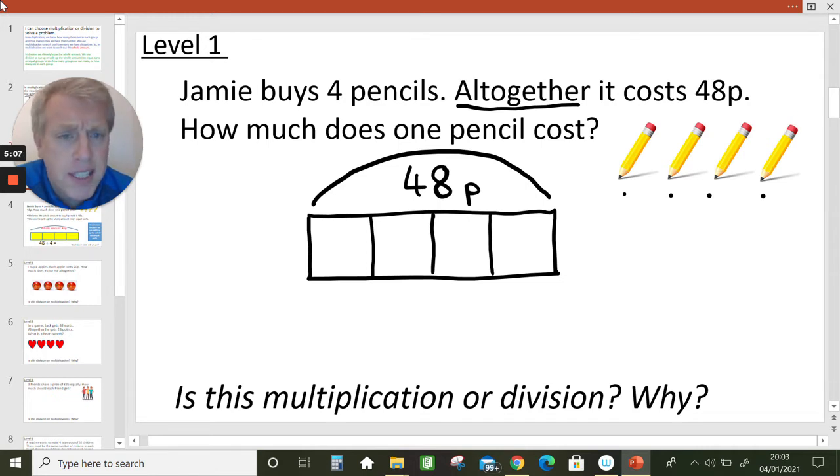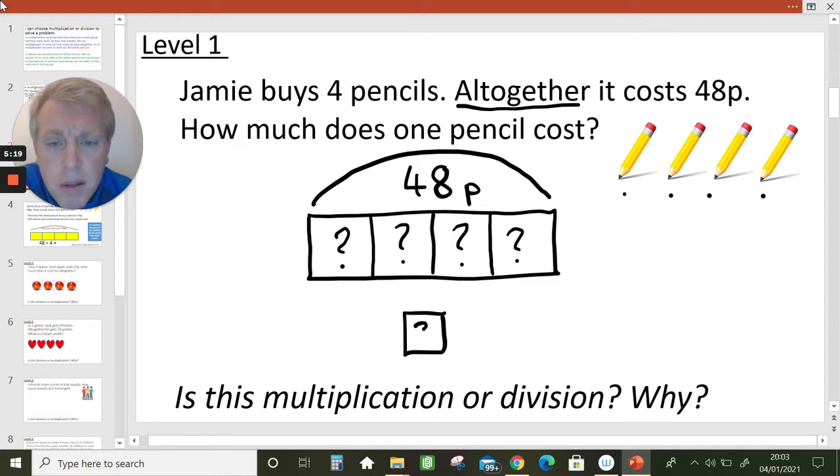We can see then, same thing. So there's a number we don't know, the mystery number. What could it be? How many times? 1 times, 2 times, 3 times, 4 times. The mystery number 4 times makes 48.